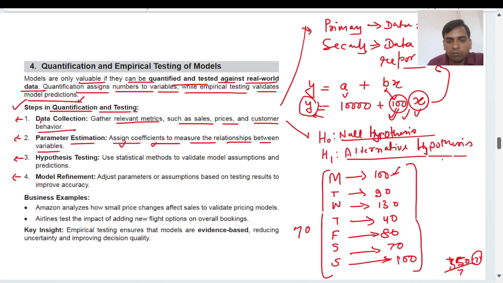So generally we will consider the demand is equally distributed. And in the alternative hypothesis, there is no equal distribution in demand. So we need to prove this point. We will work on the alternative hypothesis or on this null hypothesis.